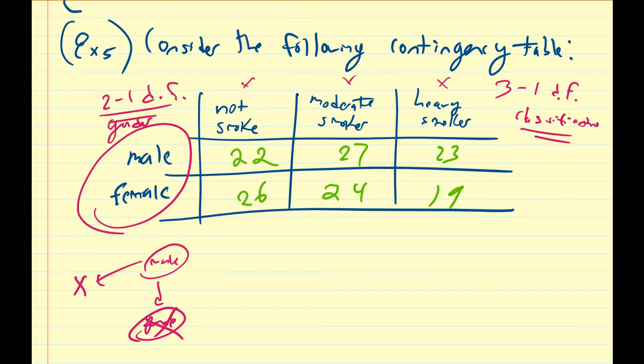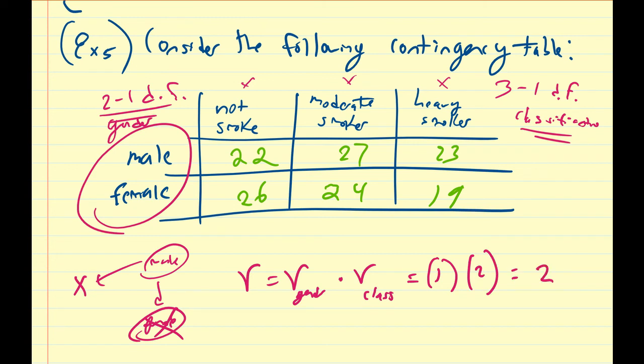Since we're in two dimensions here, we can multiply these degrees of freedom together. The degrees of freedom is equal to the degrees of freedom for gender times the degrees of freedom for classification, which is 1 times 2, which is 2. So the degrees of freedom for this contingency table is equal to 2.